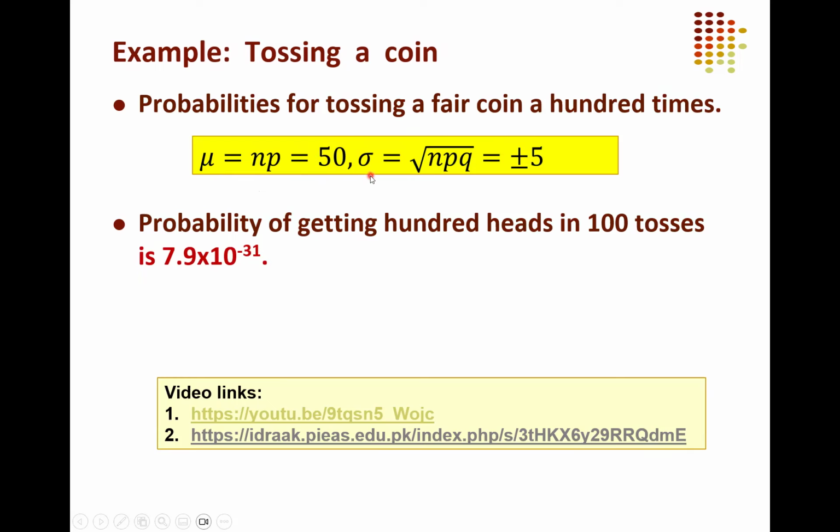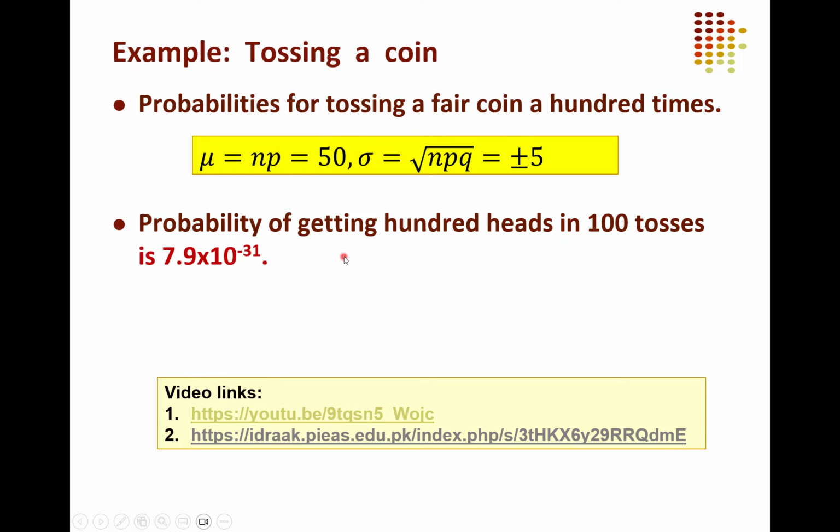When the mean value exceeds 20, the binomial probabilities can be calculated by a normal distribution table, by considering the mu value and sigma value of the binomial distribution. This has been explained in a separate video, whose link is available here, and I will post that one in the video description.